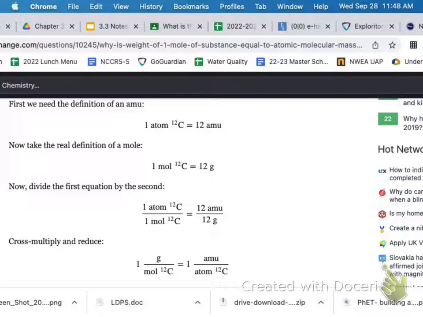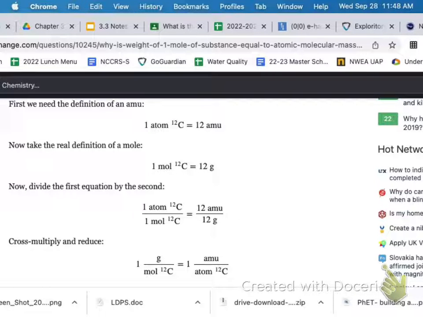So if you remember, the mass numbers on the periodic table were in unified atomic mass units. The unified atomic mass units and the molar mass of an atom are the same because of the way they set this up.